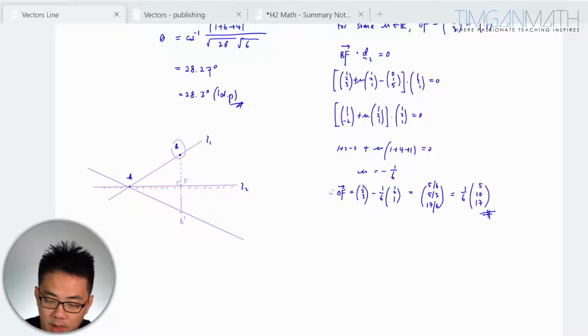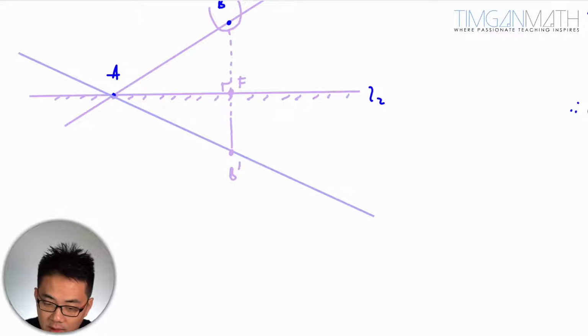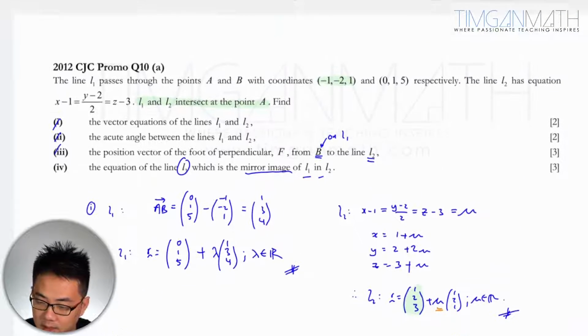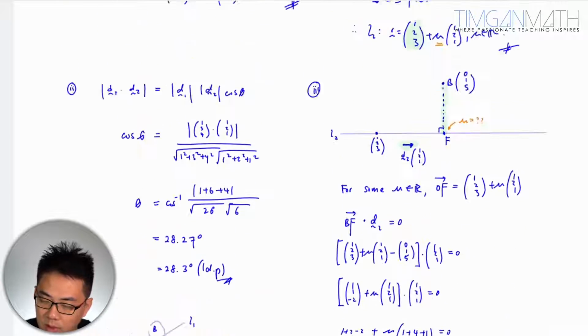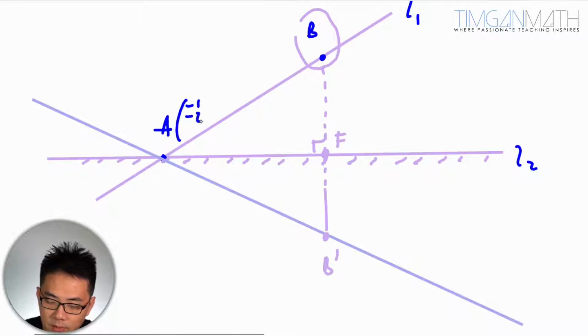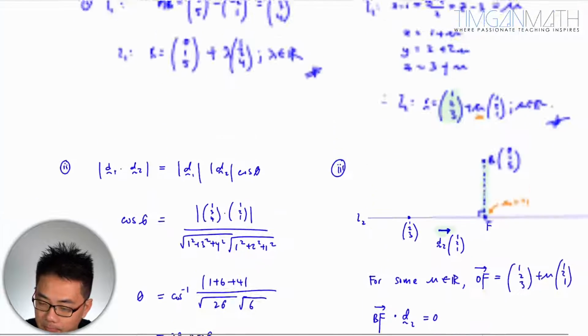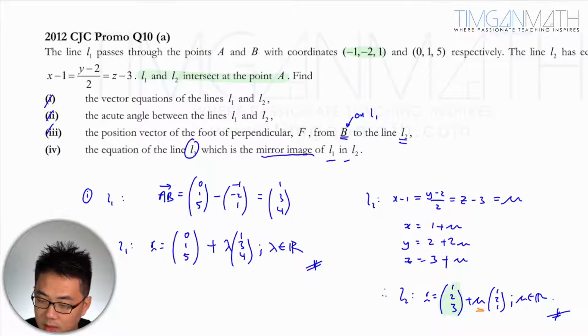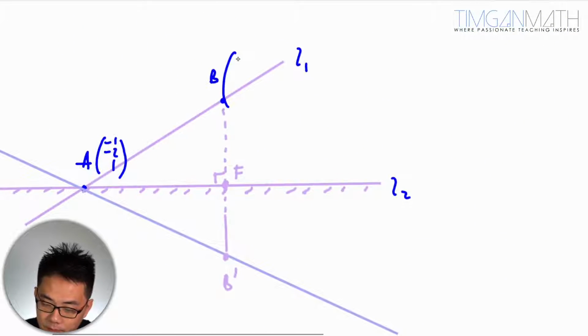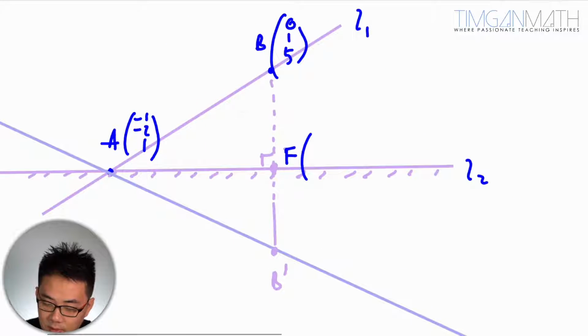Okay, so I repeat, you have to find, now the thing is, because we already have A, which is where they intersect. A is -1, -2, 1, right? B is actually 0, 1, 5. Okay, then F here is actually 1/6, 5, 10, 17.